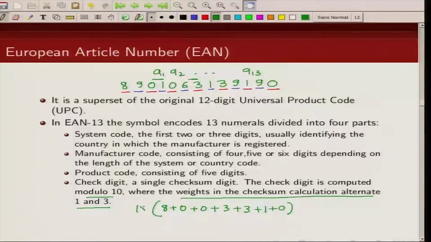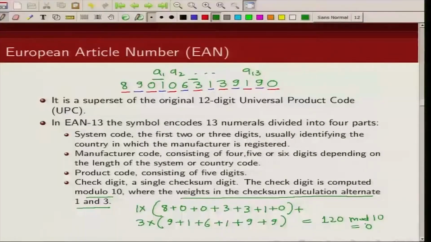And this will be multiplied by 1 plus 3 times numbers in the even location, that is 9 plus 1 plus 6 plus 1 plus 9 plus 9. 916199, and this comes out to be 120, and 120 mod 10 is 0. So, you can see that the checksum bit is correct.